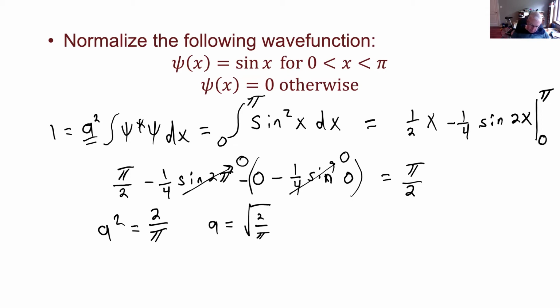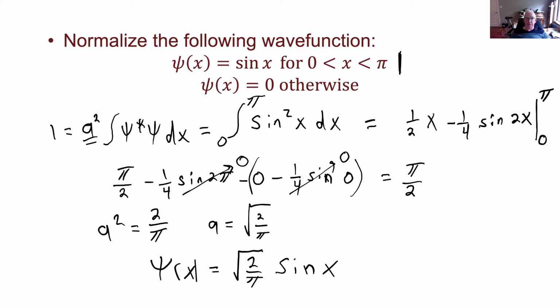Which means my normalized wave function psi of x is now equal to the square root of 2 over pi times sine of x, where that's the value as long as I'm in the interval here, and my wave function is equal to 0 every place else, right?